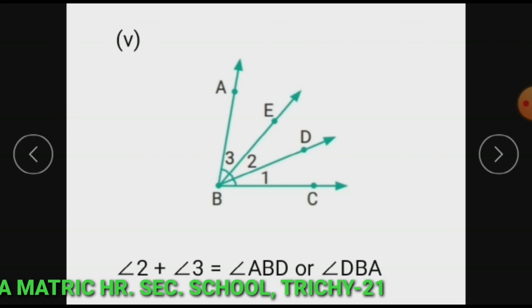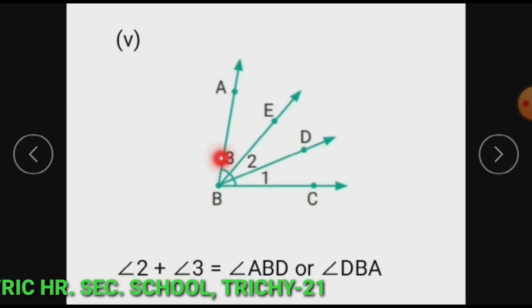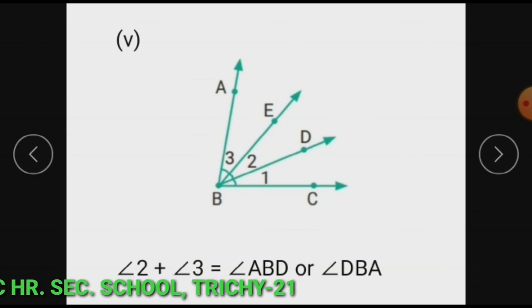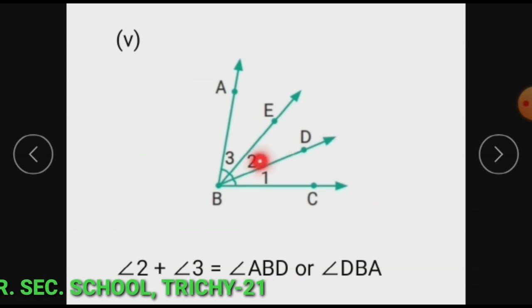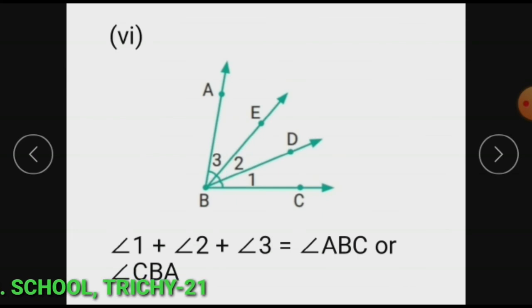Angle 2 plus angle 3 is equal to angle ABD or angle DBA. Subdivision 6. Angle 1 plus angle 2 plus angle 3 is equal to angle ABC or angle CBA.